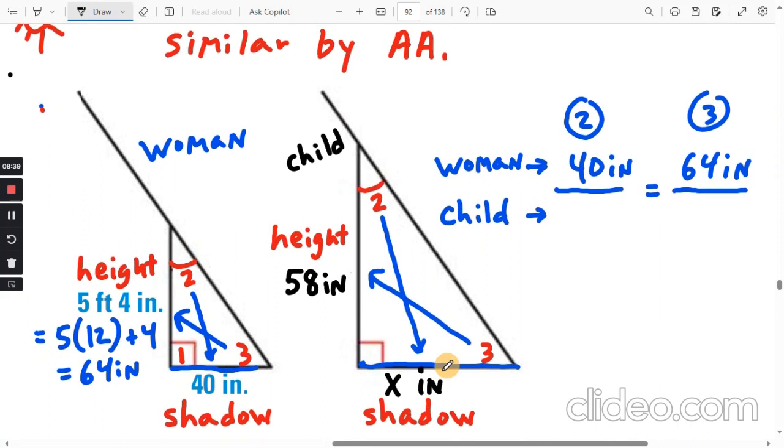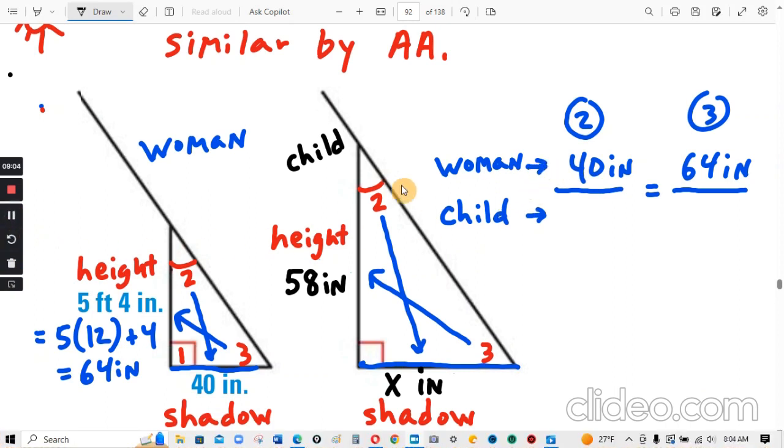All right, so same triangles, basically, except really this one should be smaller, but it's just a diagram. It's not drawn to scale. Anyhow, the dimensions for the woman's height and shadow remain unchanged, but you have to fill in the height and shadow for the child. So please do that, cross multiply, and then solve.